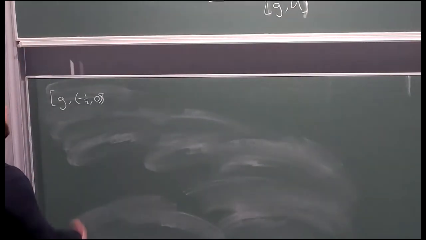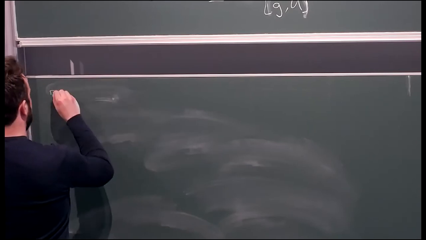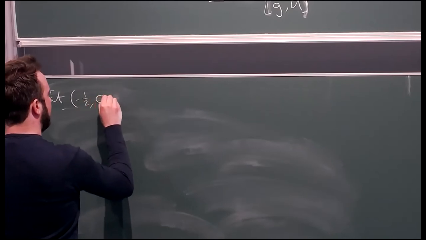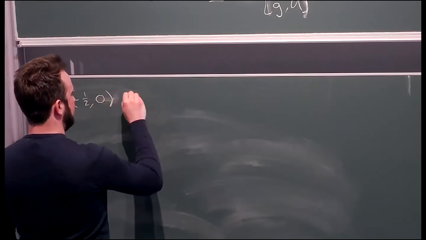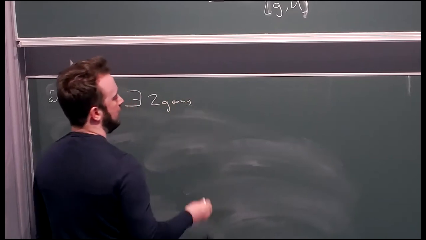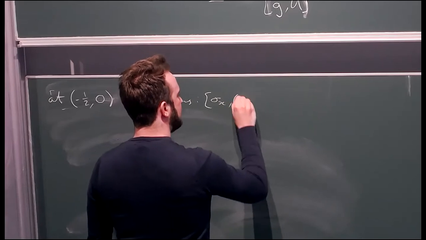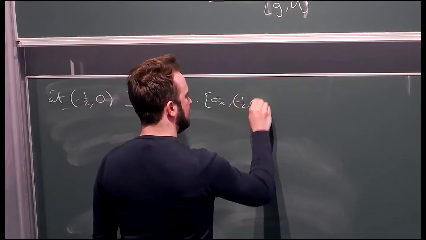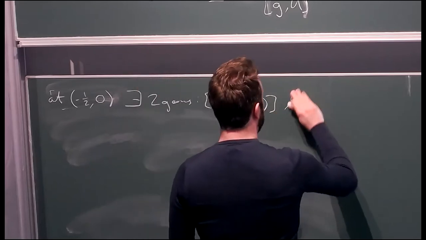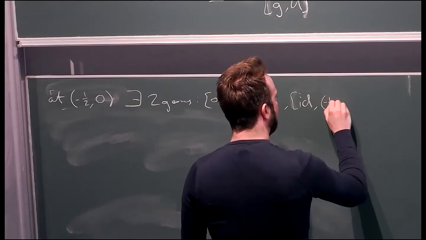So at -1/2, 0, there exist two germs: the one generated by sigma x at -1/2, 0, the reflection around x, and the one generated by doing nothing, so the identity at -1/2, 0.